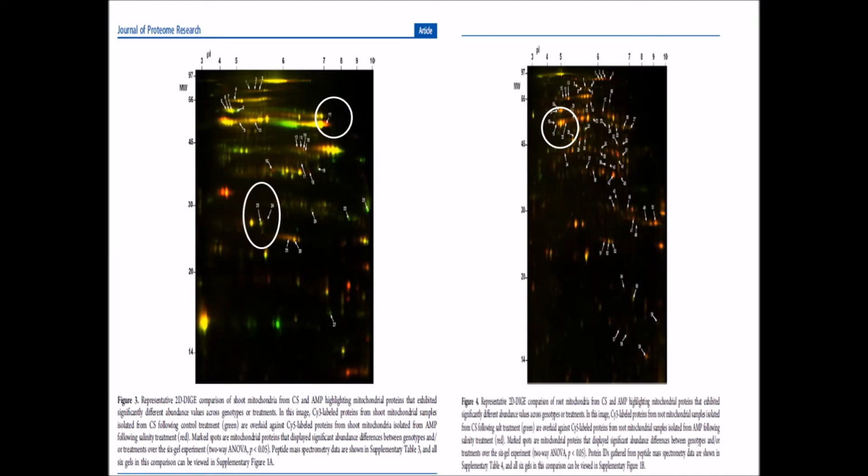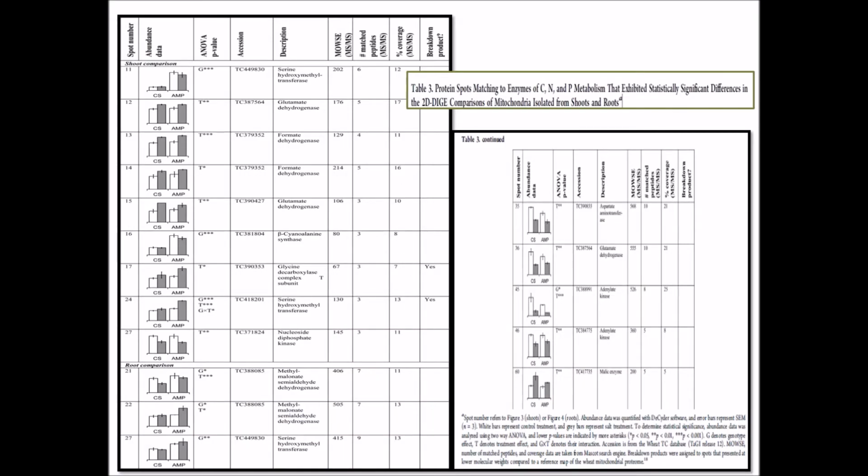In tables 3 to 8, we can see significant differences in the treatment. Various combinations of physiological, biochemical and proteomic analysis were performed to explore the mitochondrial and respiratory responses to salinity in these two genotypes, CS and AMP.